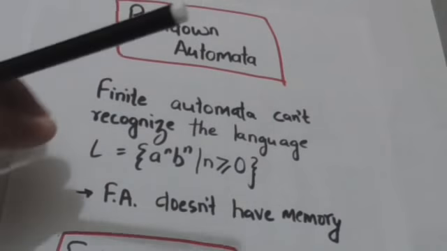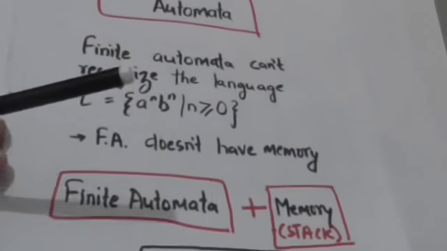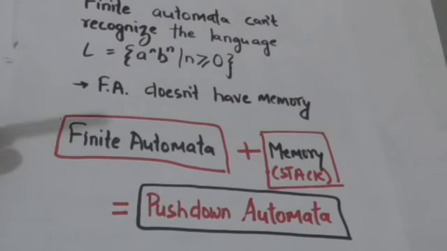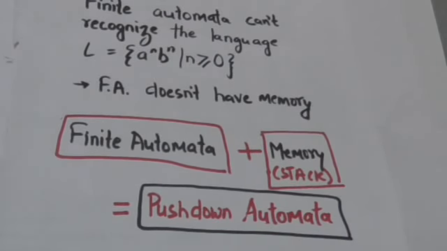But if we add some memory to a finite automata, then it will be able to memorize something, and definitely its power will also be increased.